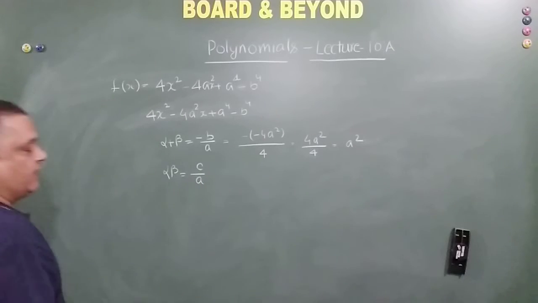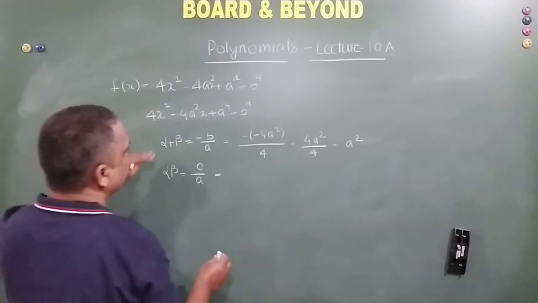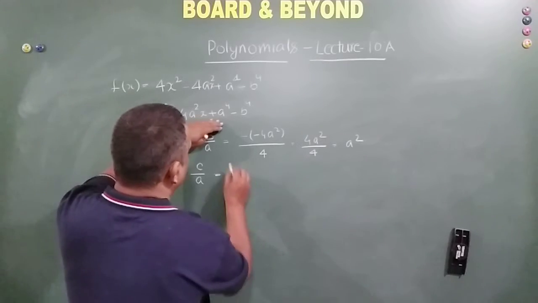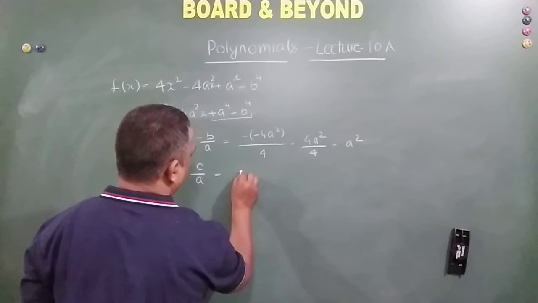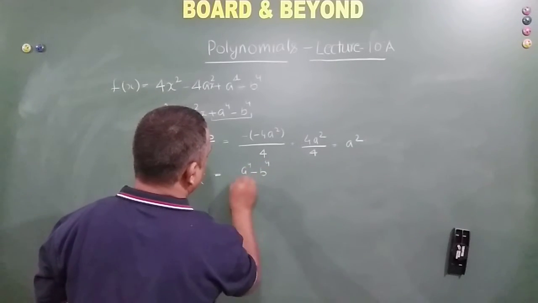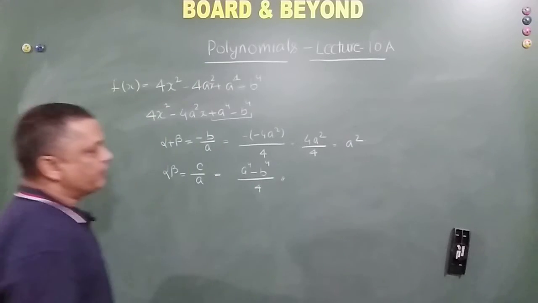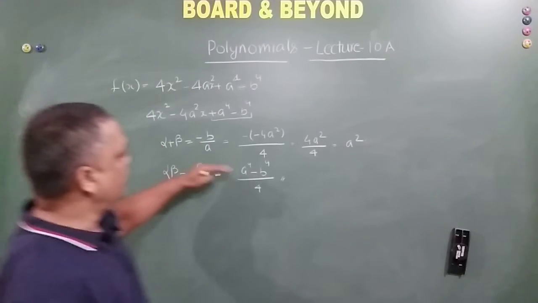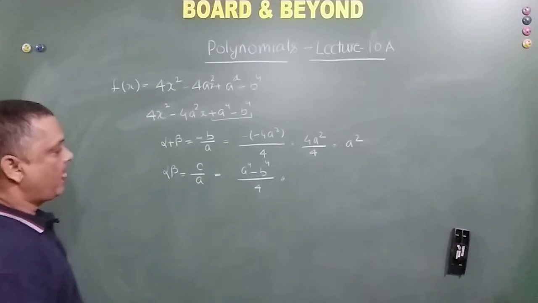So alpha into beta is equal to c by a. As per this, c is the whole term, please understand: a power 4 minus b power 4, divided by a, which is 4. So we have alpha plus beta, and we have alpha into beta, right?